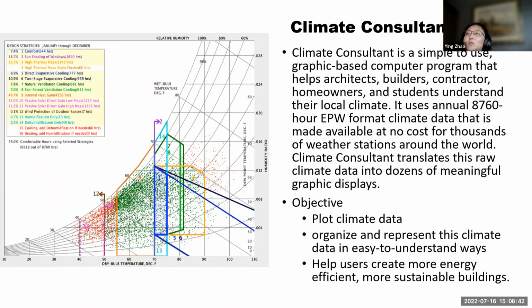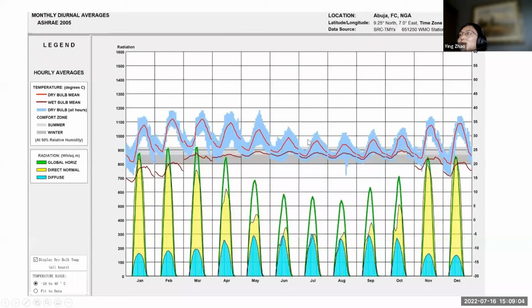So with this data, it will show the strategies that are potentially effective for you to consider, and the percentage of hours that the strategy is likely effective. I've shown an example for Abuja.